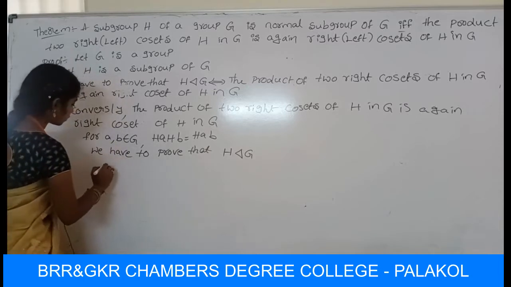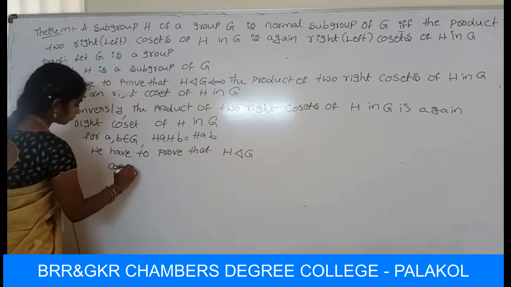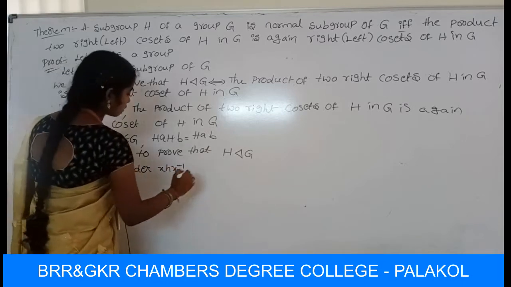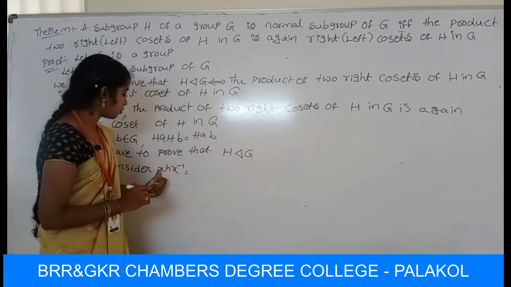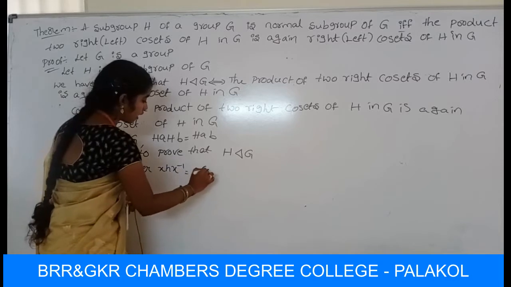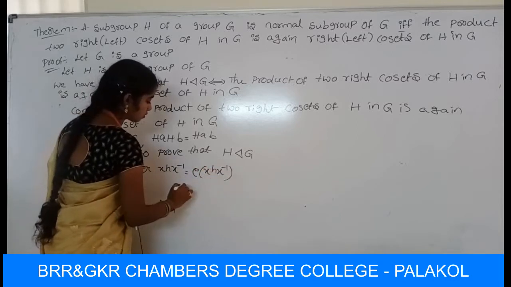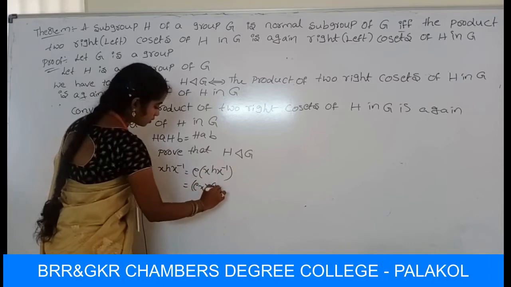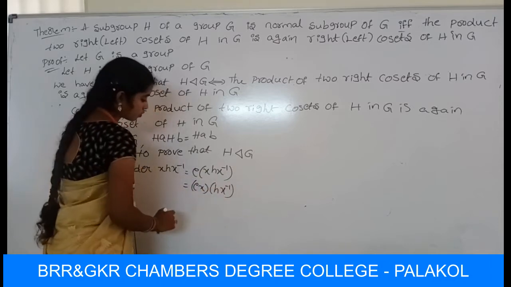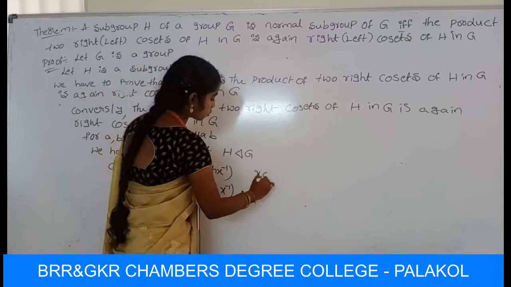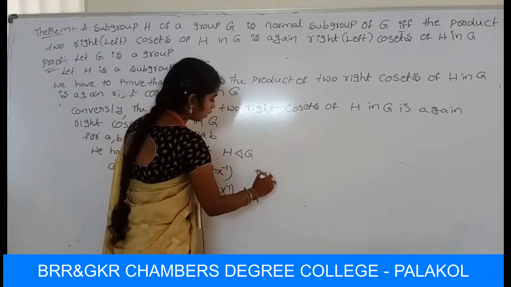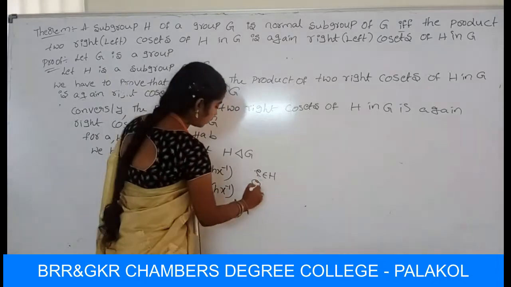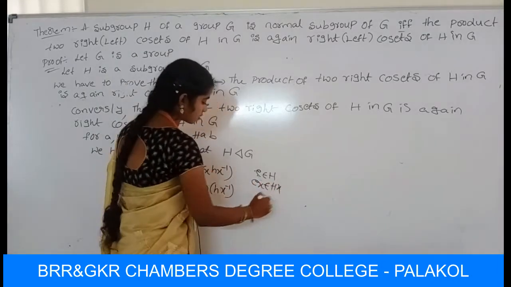So consider XHX inverse. XHX inverse can be written as E into XHX inverse. So changing the brackets, EX into HX inverse. So already you know that E belongs to H. So multiplying both sides by X, EX belongs to HX.